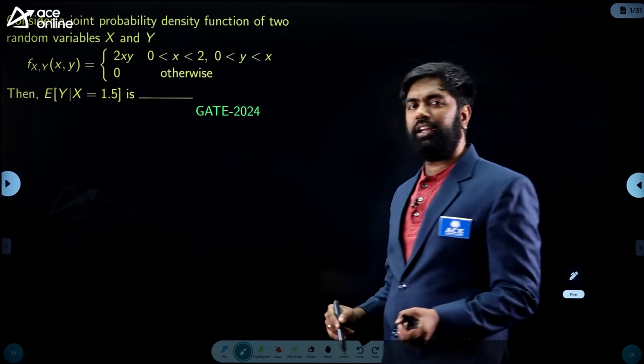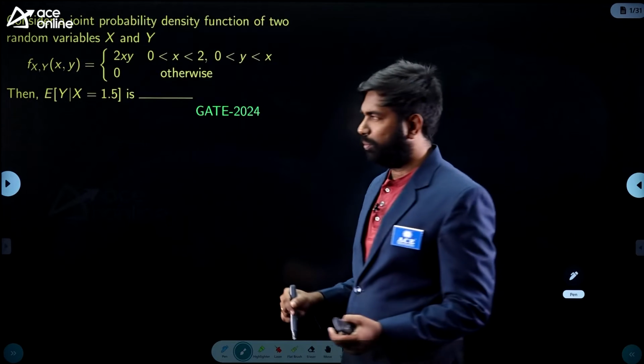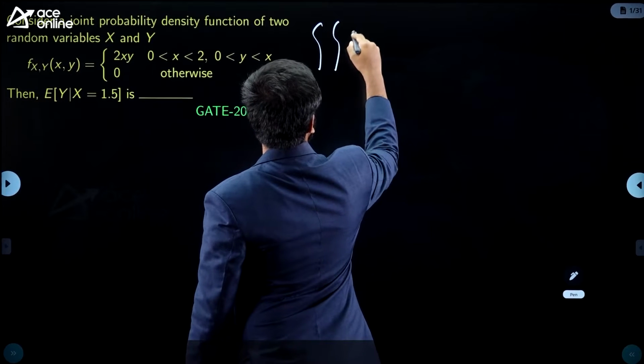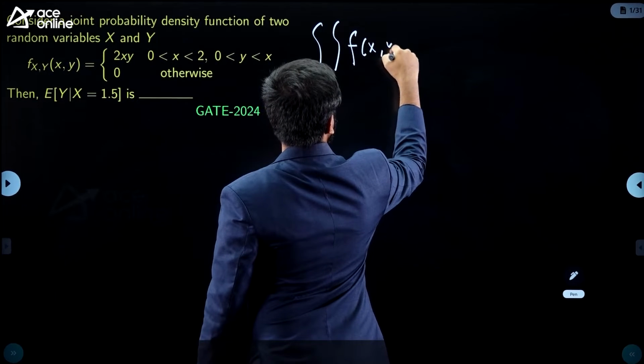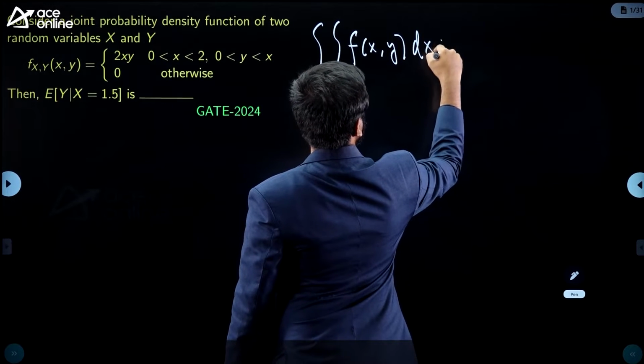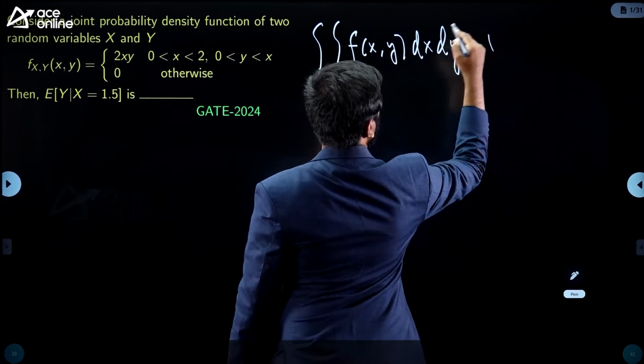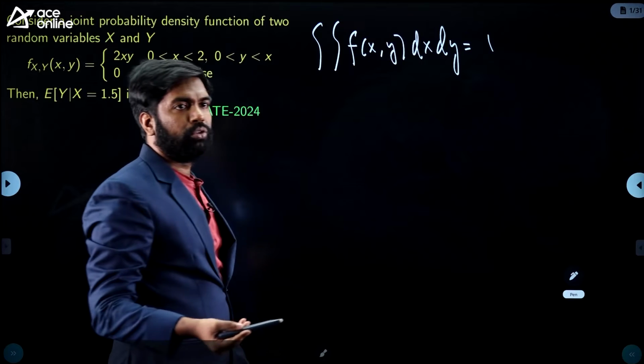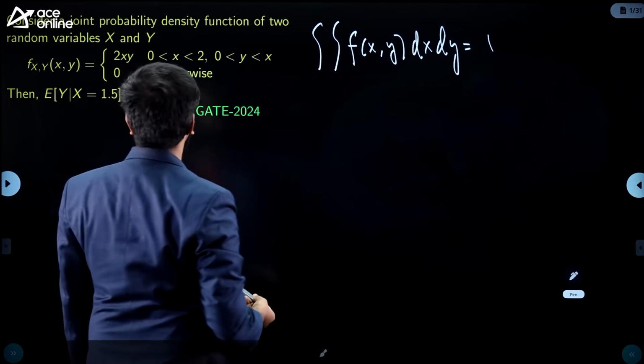Just like we say the area under any probability density function must be 1, in the same way the double integral of f(x, y) dx dy should also be 1 over whatever limits they gave. So let us see whether this will give us 1 or not.